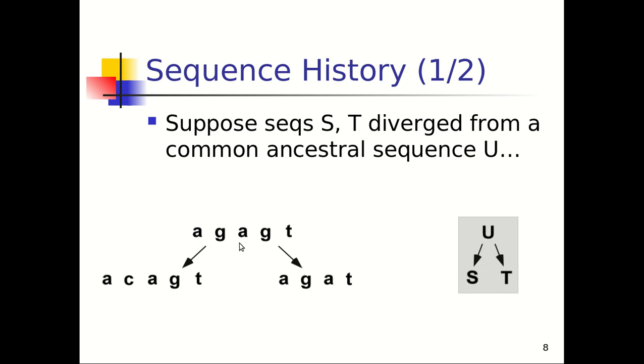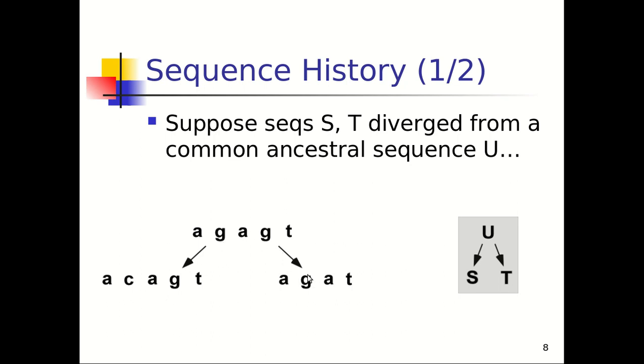So we start out with AGAGT, and what happened here is this a substitution? Well, AGA, there was a deletion here. We took a G out. Now over here, AGAG, we had a substitution. We turned a G into a C over here.